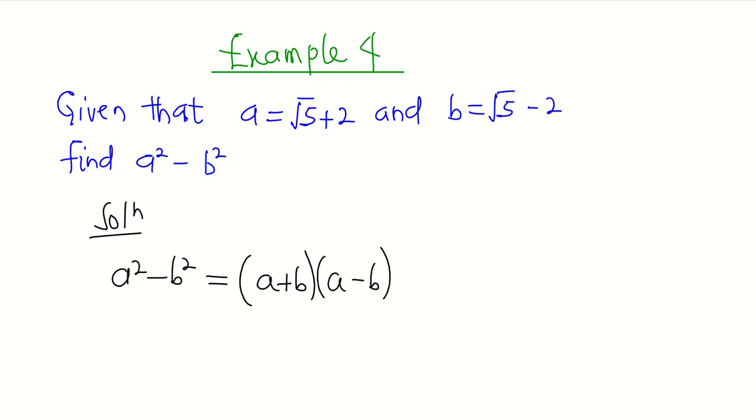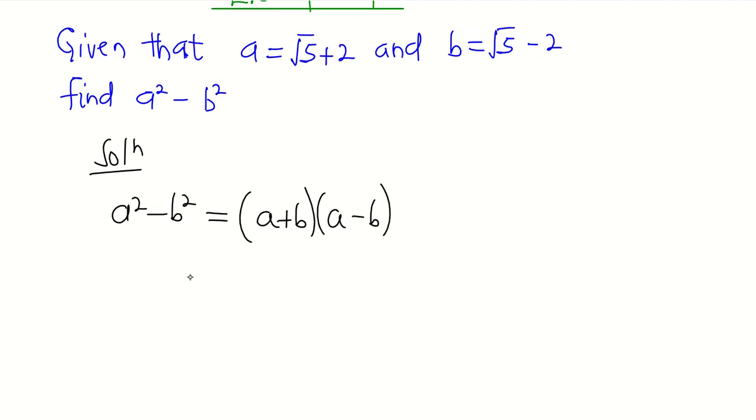Now doing quick substitution here, our a value is giving us square root of 5 plus 2. That is for a. And we have plus the b, which is square root of 5 minus 2.